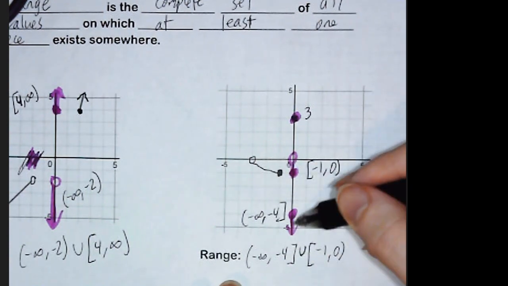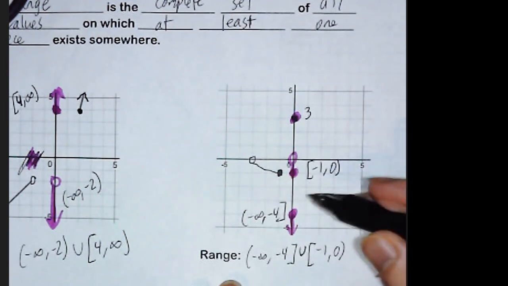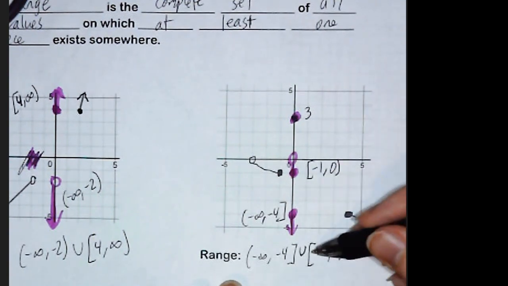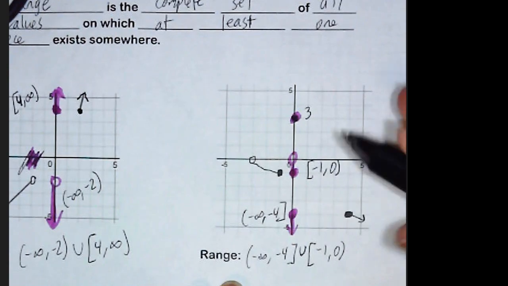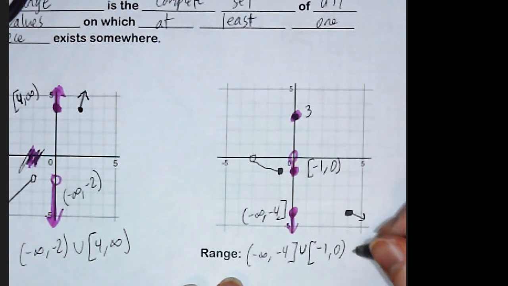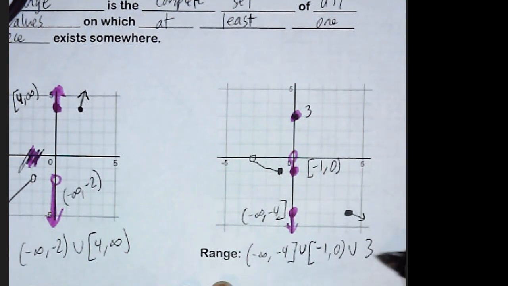So we've got our first interval from negative infinity to -4, and then it breaks, and then we've got our interval from -1 to 0. That's a much better way to phrase that. And then we union it with 3. And again, you could write it like this, or you could write the 3 with brackets around it. Either way will work.